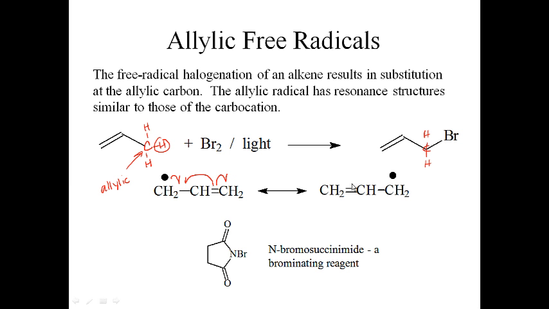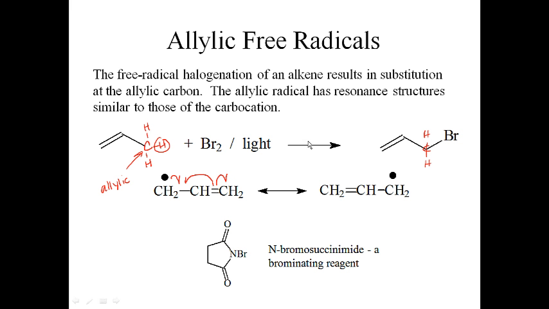And so there are two equally stable resonance structures for this allylic radical. And so we find that the selectivity of the allylic position is at least as good as a tertiary position, probably about 1700-ish to 1, depending on whether this is a primary, secondary, or tertiary carbon.